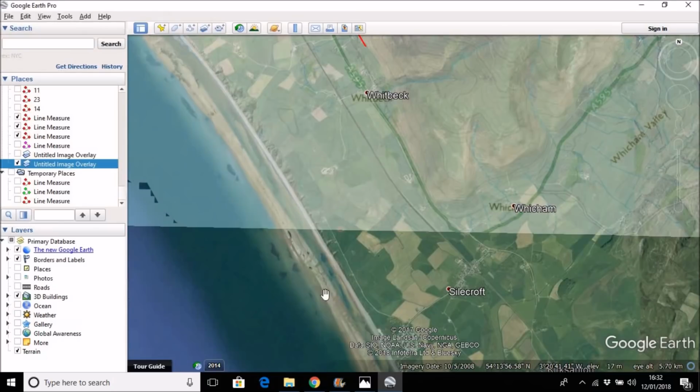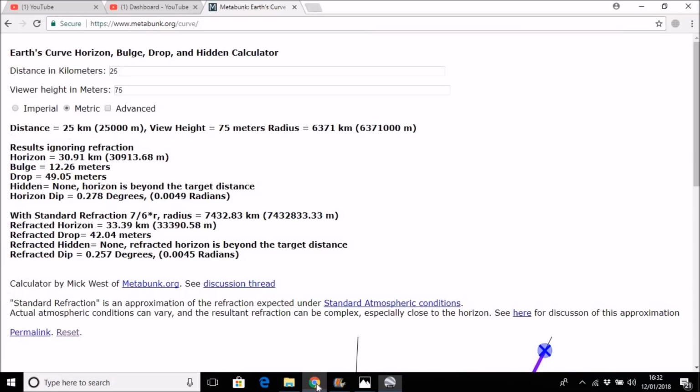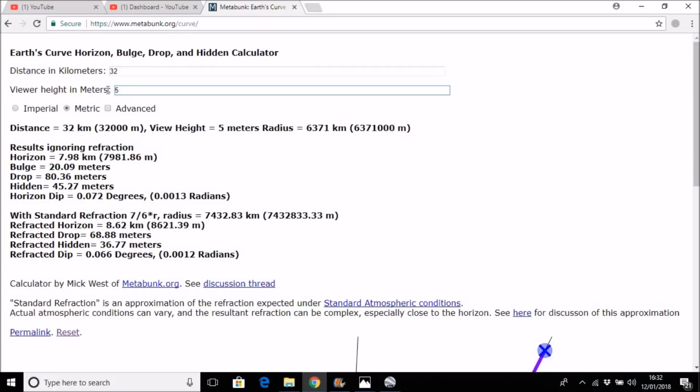And the Earth curvature calculator for our 32, and this was about level with the Black Combe Hill. We use a 32-kilometer distance, and the curvature calculator says that everything below 36 or 37 meters with standard refraction should be hidden from view, and anything above that height should be visible.